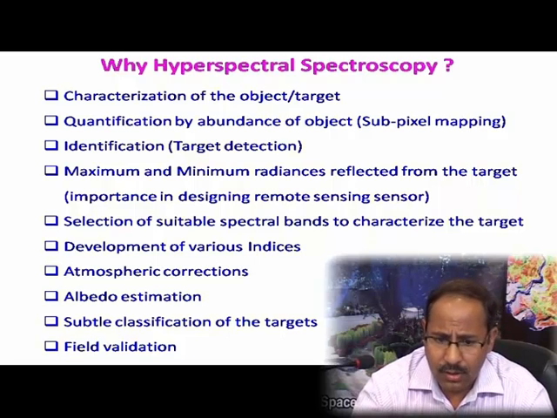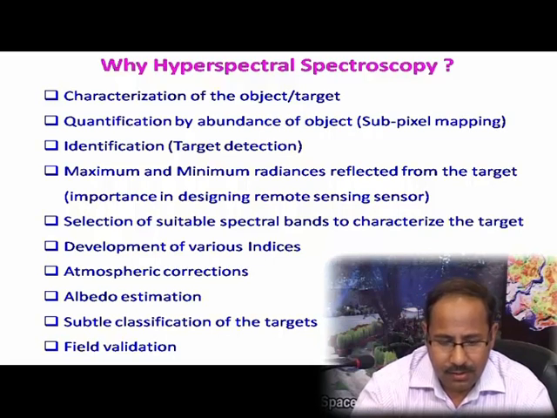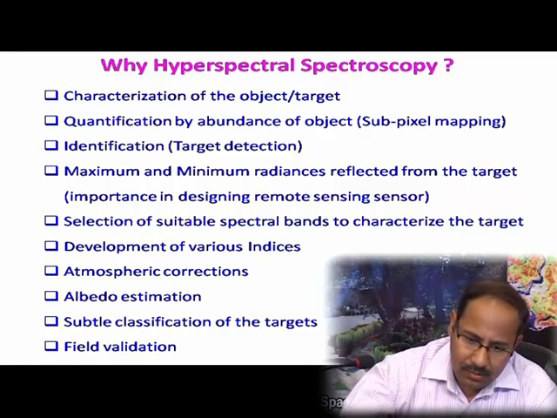Then you can select the suitable bands to characterize a particular target. Then you can develop various indices based on these selected bands. Then you can do atmospheric correction using different bands, and you can estimate the albedo. Then you can do subtle classification of the target, and of course this hyperspectral data is used for field validation and library generation.